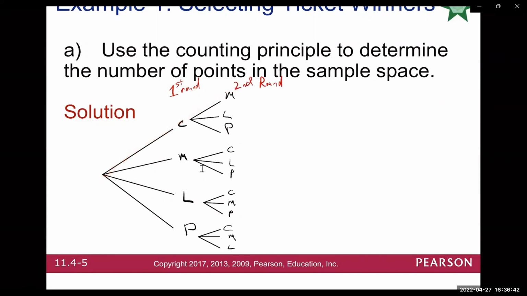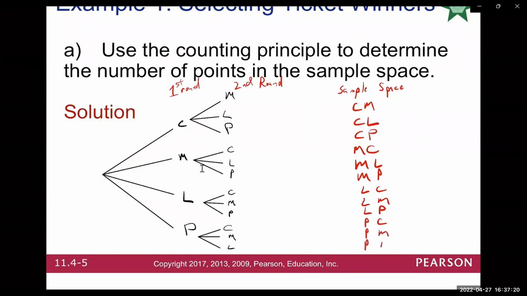So now let's write out the sample space. It can be Christine, Mike, CM. It can be Christine, Larry, CL. It can be Christine, Phyllis, CP. It can be Mike, Christine, Mike, Larry, Mike, Phyllis, Larry, Christine, Larry, Mike, Larry, Phyllis, Phyllis, Christine, Phyllis, Mike, Phyllis, Larry.